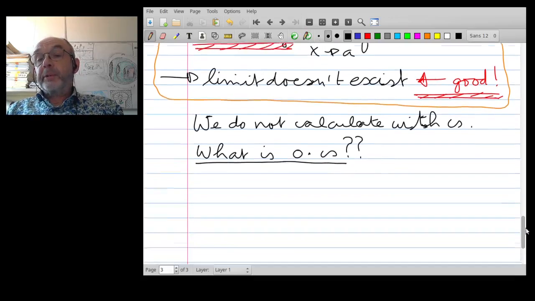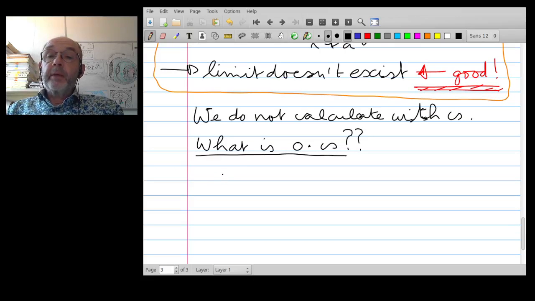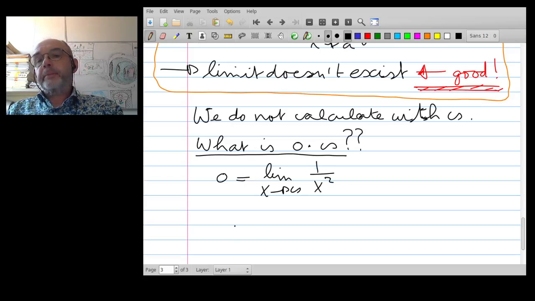Because what can be the case? Now the 0 maybe is something of the limit from x going to infinity of 1 divided by x squared. The infinity, what can that be?